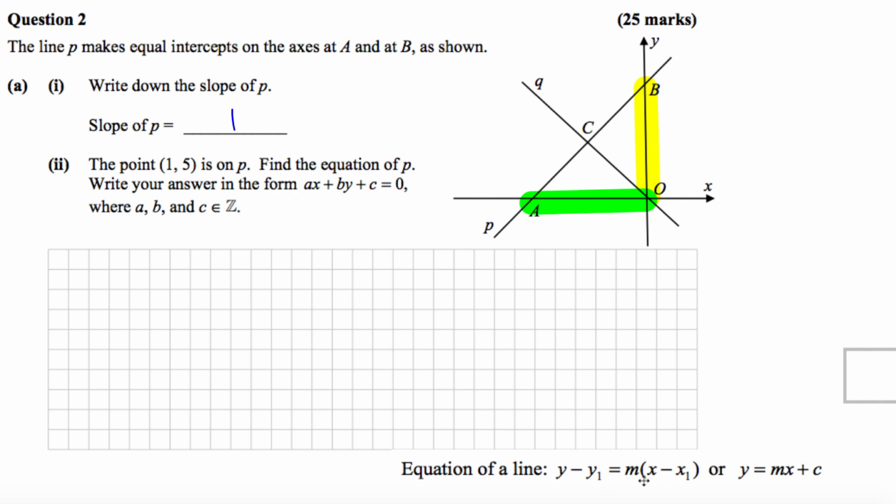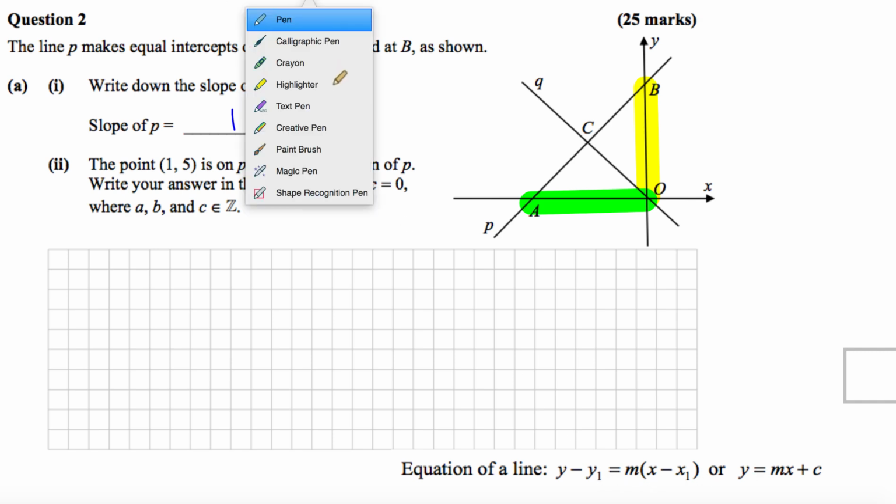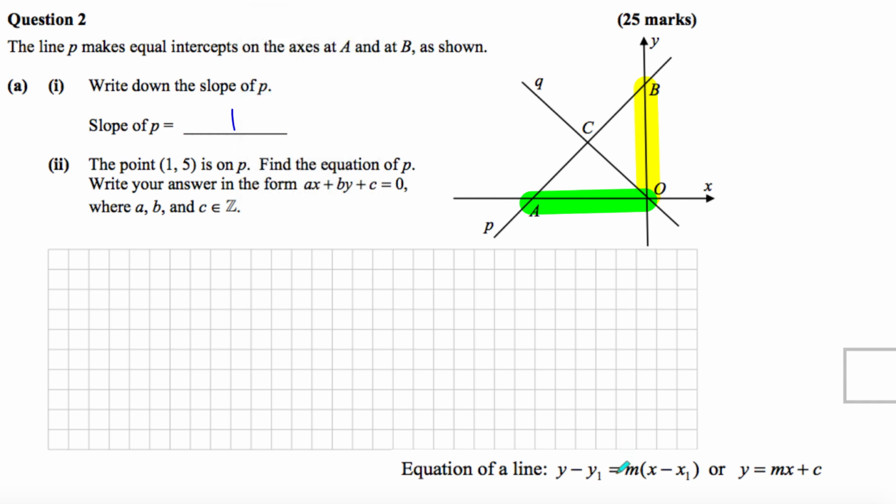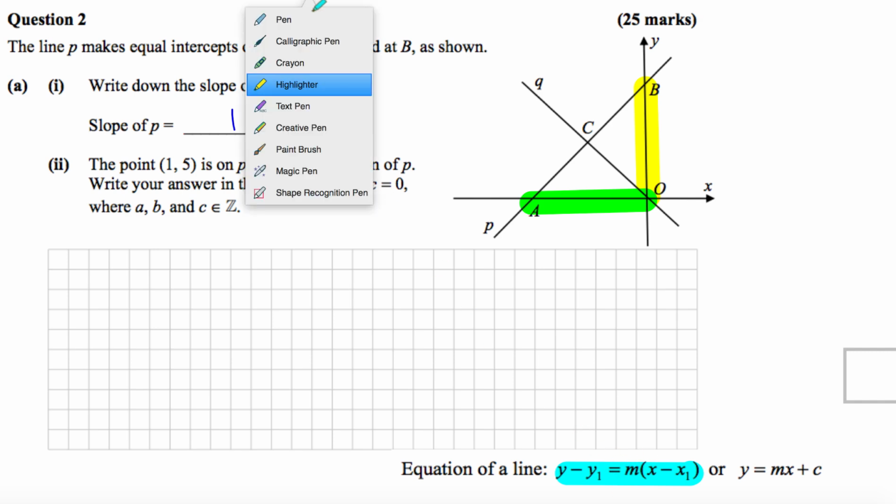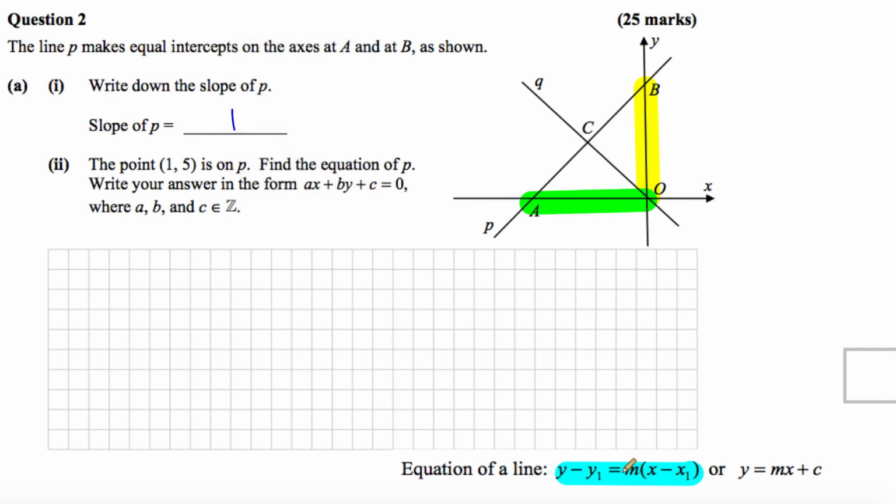So you have two choices in your tables book, and the one we're going to use is this one here: y minus y1 is equal to m bracket x minus x1. To use this formula you need m, which is the slope, and x1, y1, which is a point on the line.